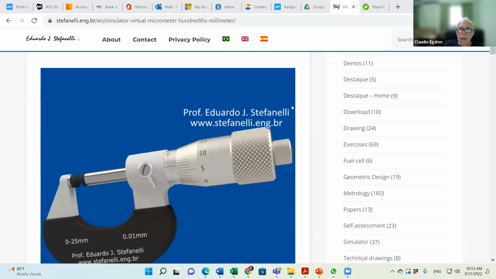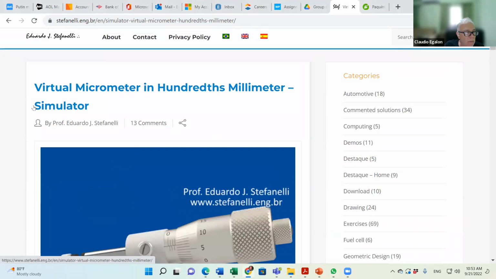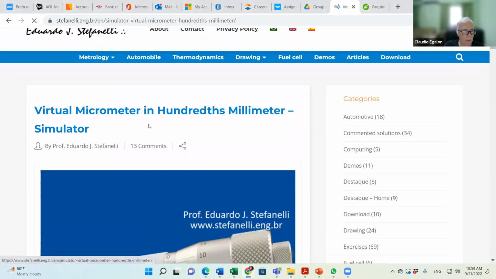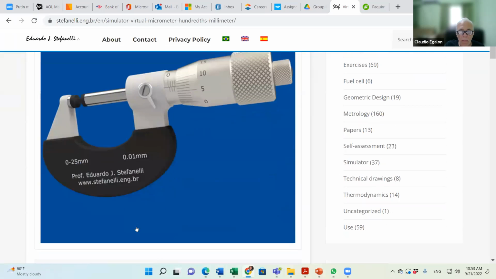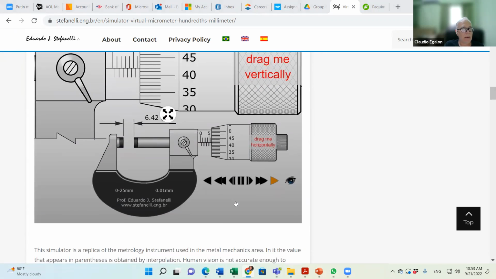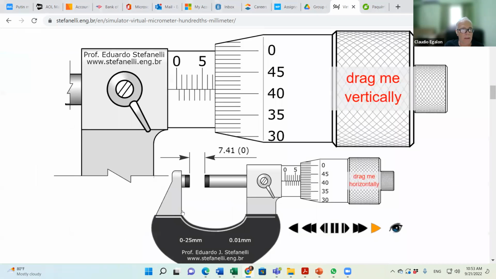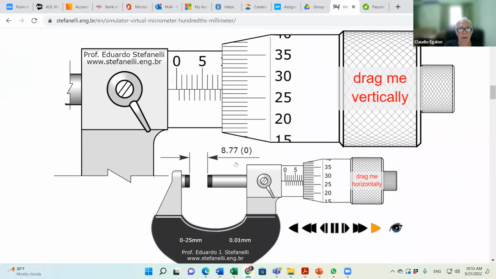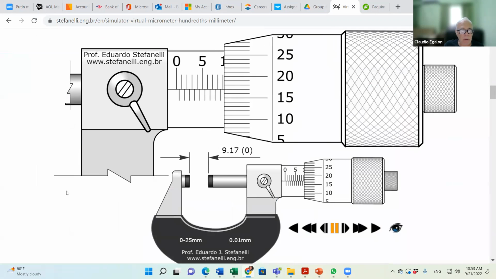Okay, so here you go. Let's see, we can click on that. I like this one. Visual micrometer simulator. Oh yeah, right in here. Let me blow it up. That's how the micrometer looks.